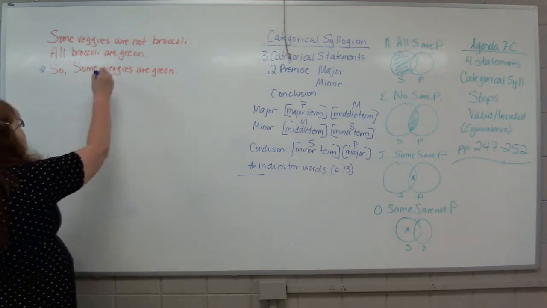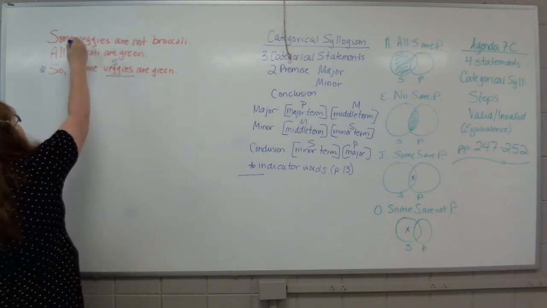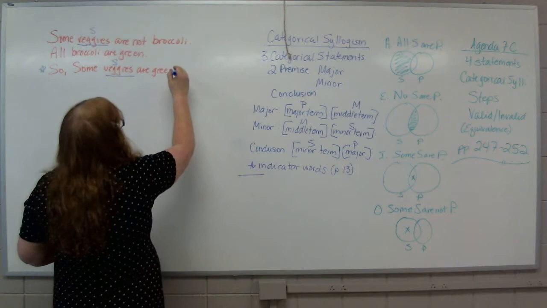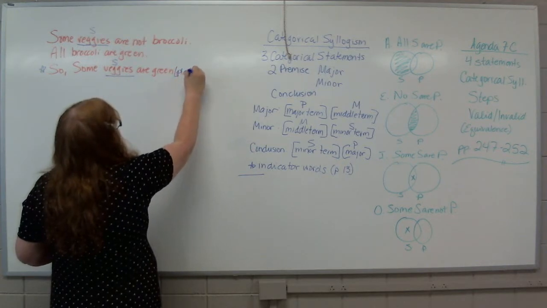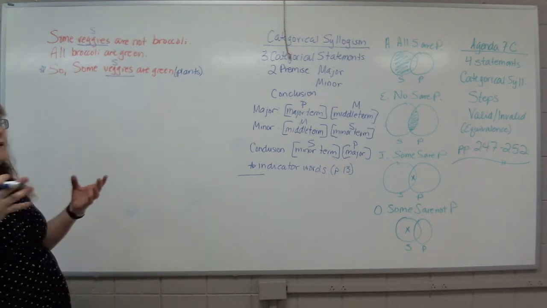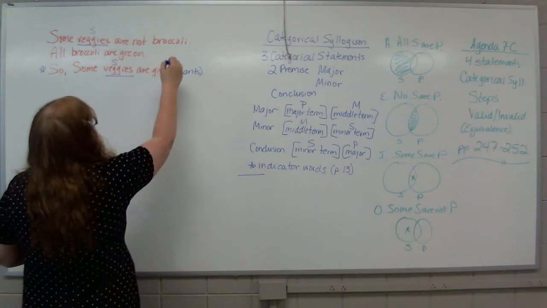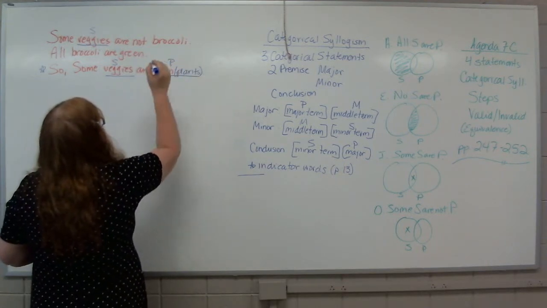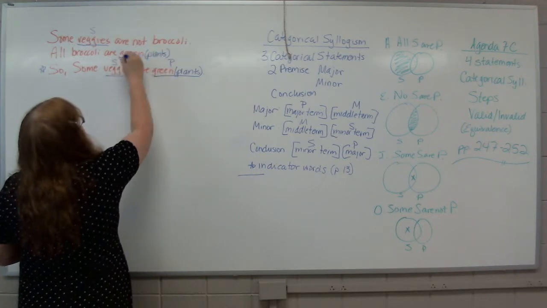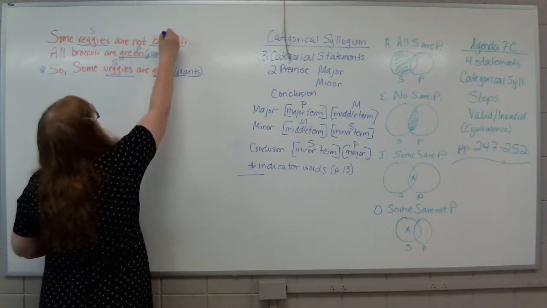So I have some veggies, that's my S. Anywhere else veggies show up is an S. Here's green plants. Green is an adjective, not a noun, so I have to give it a noun to hang on, and that's okay. So, some veggies are green plants. That's my P. So up here, again, add plants, make that a P. So my middle term then is broccoli.